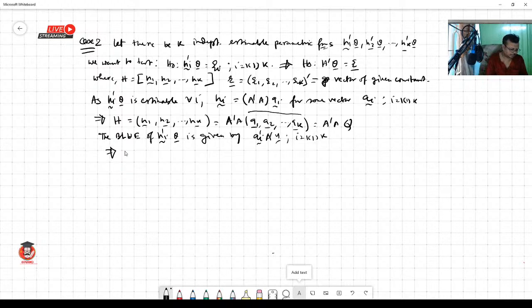This implies the parametric functions in h prime theta curl are estimated by q prime a prime y curl, because h prime theta curl hat is equal to q prime a prime y curl. I know this thing.